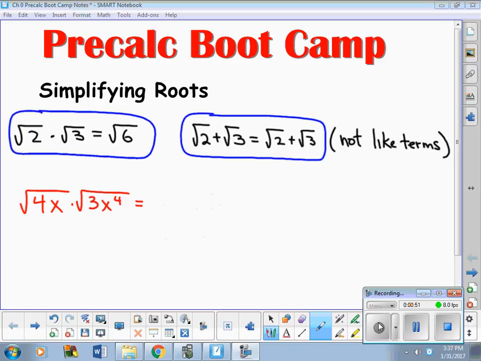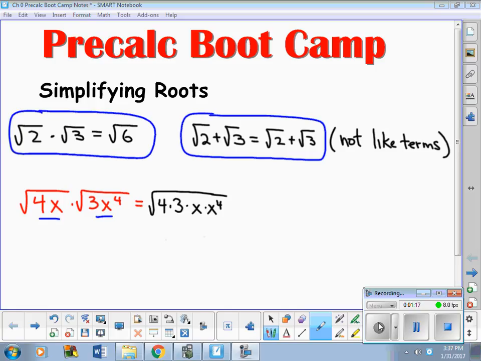If you have a more complicated problem, like what's in red, we got the square root of 4x times the square root of 3 times x to the 4th power. There's a couple ways of doing this. One way is just to bring everything together and say that it's the square root of 4 times 3 times x to the 4.